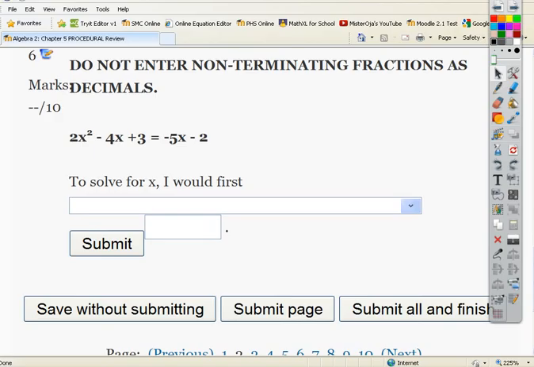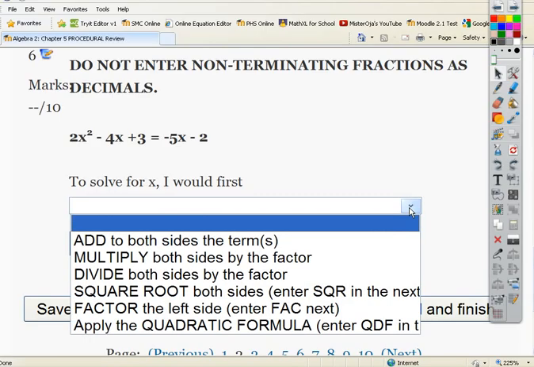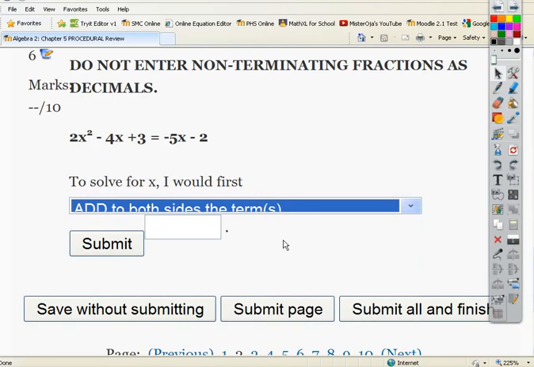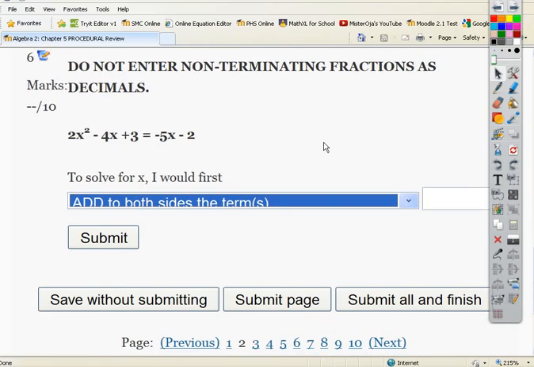Good, good. Now this one's a little bit tricky how you input this. So we're going to add to both sides the term, or terms in this case, the terms what? 5x plus 2. Yeah. Let me make this, if I make this big, the text doesn't fit. So add to both sides the terms 5x plus 2.